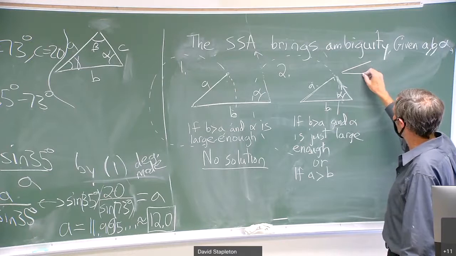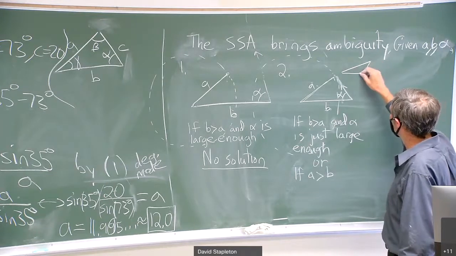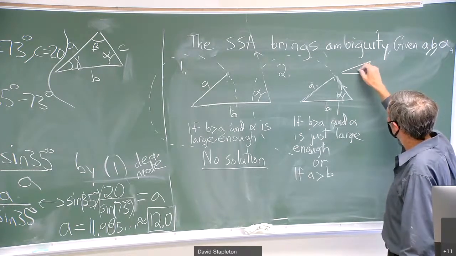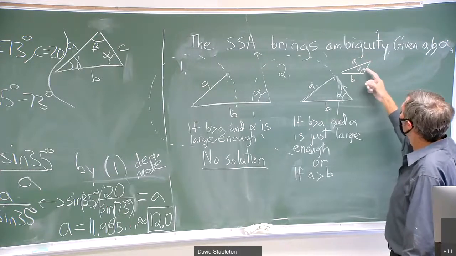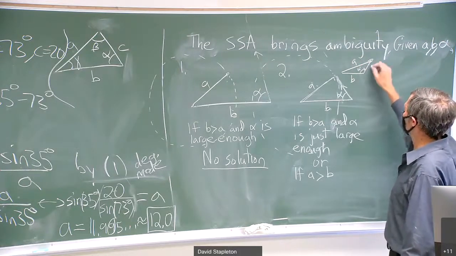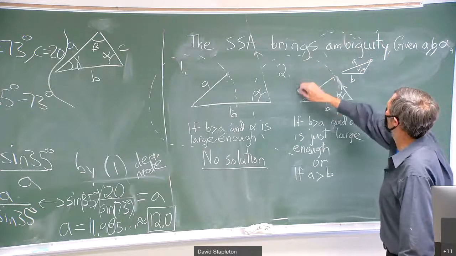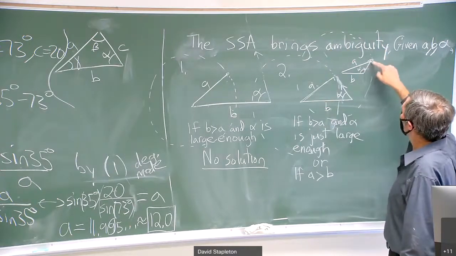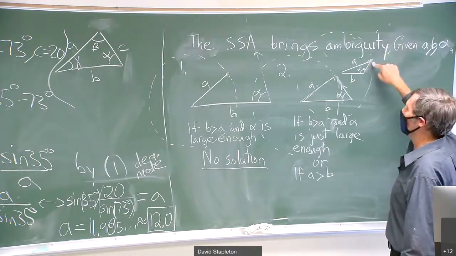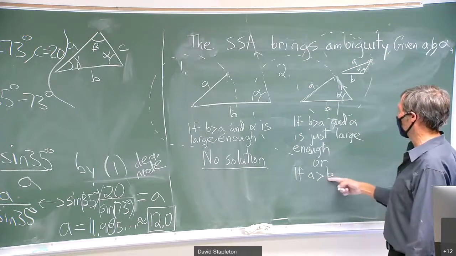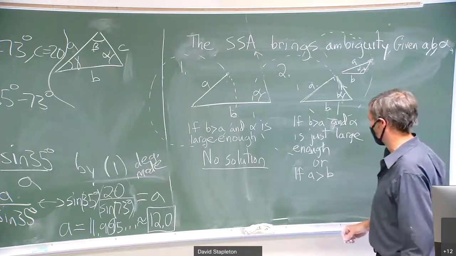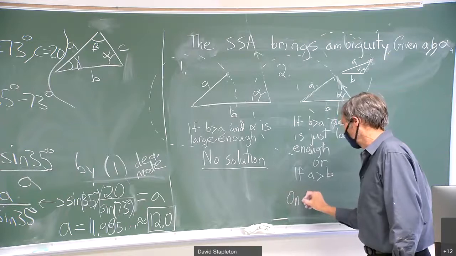Now it doesn't matter what the angle over here is. There's only one place I can intersect it. This swings around in a circle like this, right? And it can only intersect this ray in the one spot. So if A is bigger than B, or B is bigger than A and alpha is just large enough, then there can be one solution.